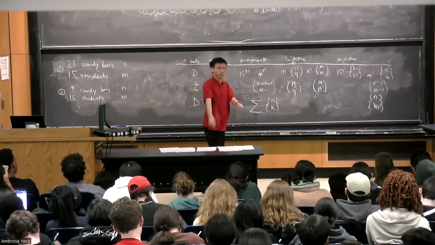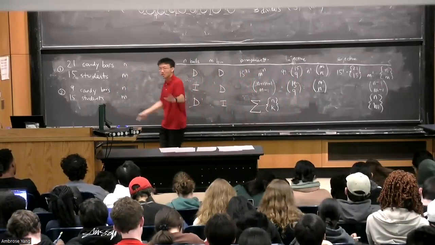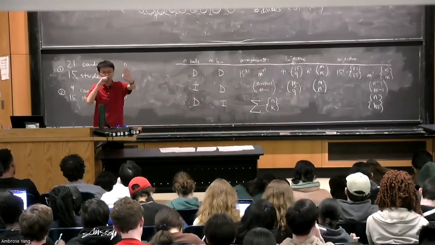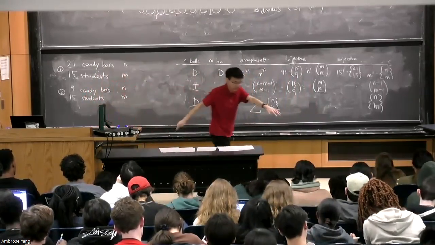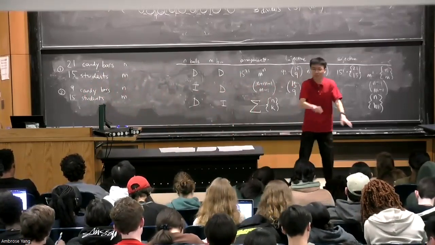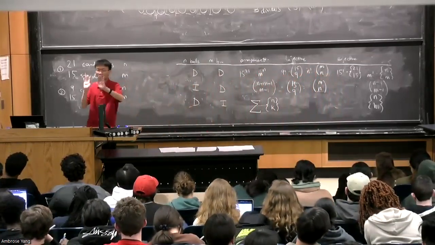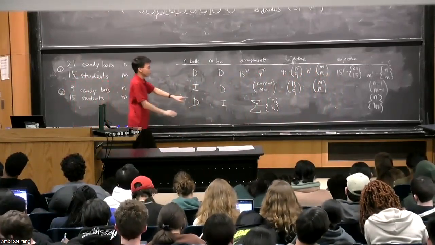Now, why is it that we don't need to multiply by k factorial? That's because the bins are indistinguishable. If I have 5 bins which are filled, I can't tell the difference if these 5 bins are filled, or these 5 bins are filled, or these. I can't tell the difference between any of those. All I know is that 5 bins are filled, because the bins themselves are indistinguishable. There's no need to multiply by k factorial.